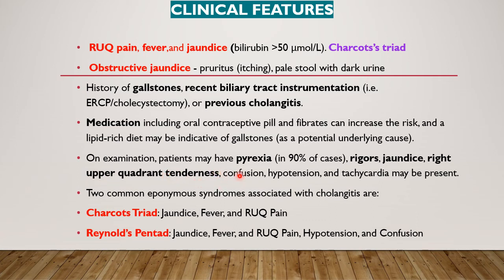Patient may be confused, hypotensive, and tachycardic when they are going into the septicemic phase of the infection. As I mentioned, the two common eponym syndromes associated with cholangitis are the Charcot triad and the Reynolds pentad, okay, which carry along with them the various symptoms of the condition.